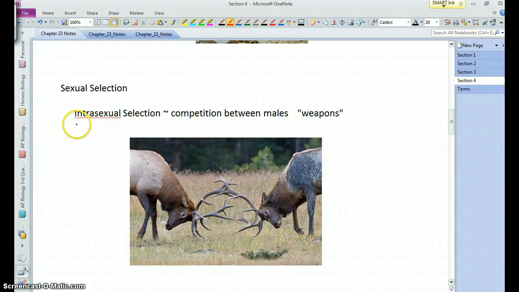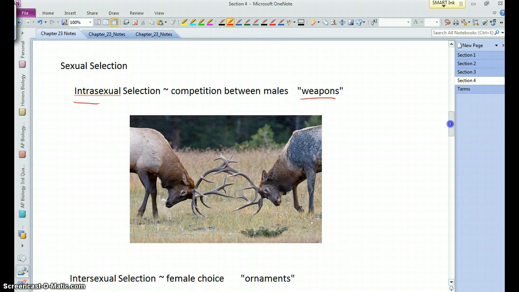What's called intrasexual selection has to do with essentially the males competing within the sex, between themselves, for access to females. And this typically involves development of things we can think of as weapons, like antlers, a really large body. Okay, think of elephant seals. They use this to battle each other. These elk here use their antlers to battle each other.